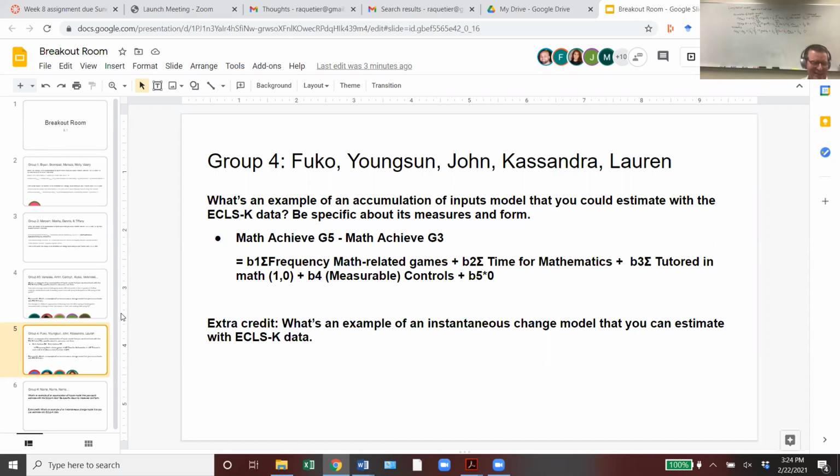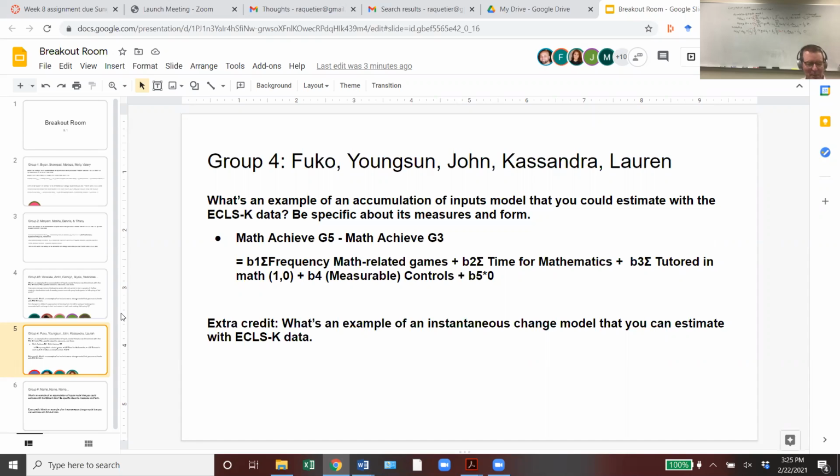That's all right. So tutoring could be a continuous variable, not just a 1-0 variable, right? They might get it in 3rd grade, but not in 4th grade. In which case, that would be different than if they got it in both 3rd and 4th grade, or got it in either 3rd or 4th grade, right? So you always want to make as continuous a set of variables as possible.